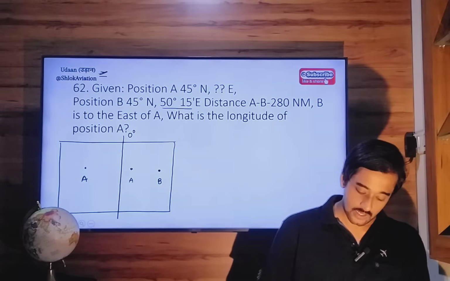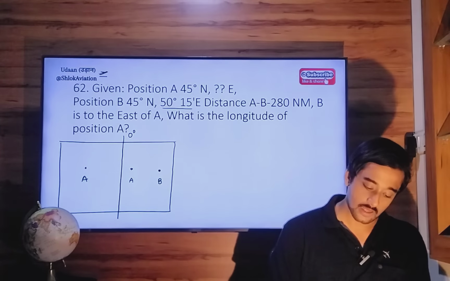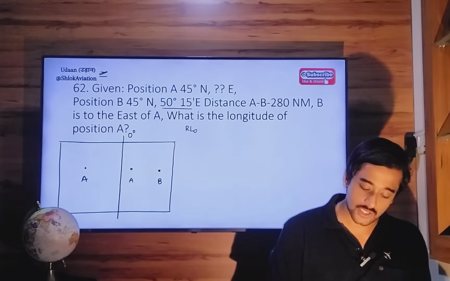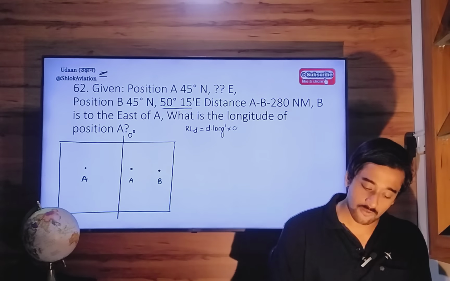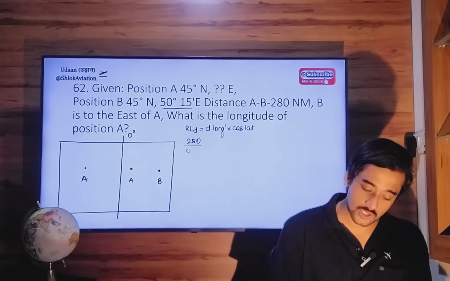We'll find that out. So let's find out D long. Now rhumb line distance equals D long in minutes into cos of lat. So 280 nautical miles divided by cos of 45 equals D long in minutes.